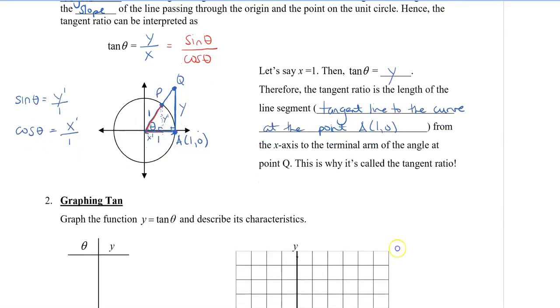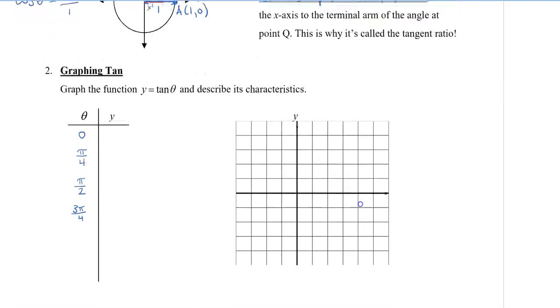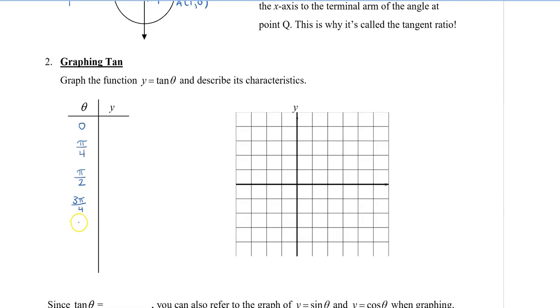All right, so we're going to graph using a table, and I'm going to use the angles 0, pi over 4, pi over 2, 3 pi over 4, and pi. So this is not one period, well, actually it will be one period, but this is just half of a circle.